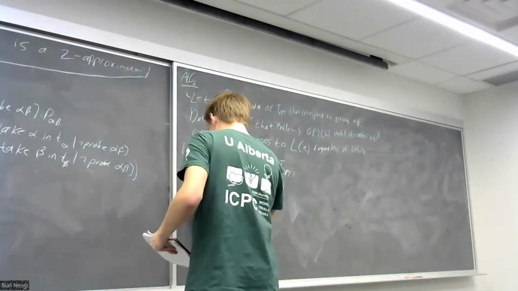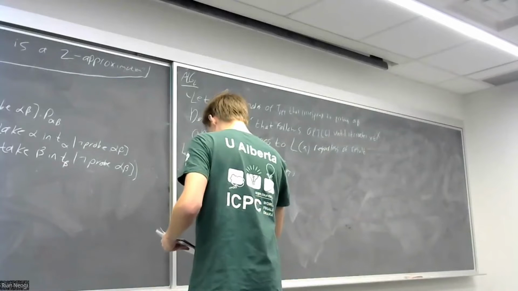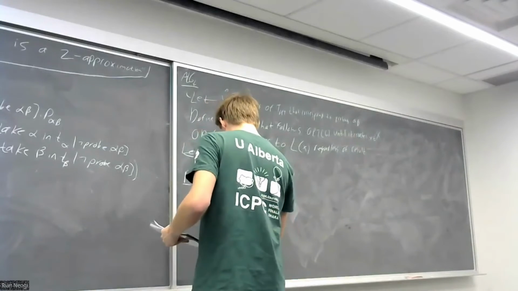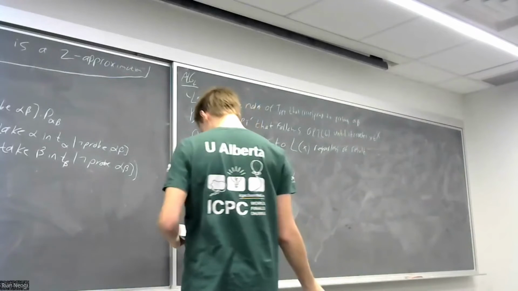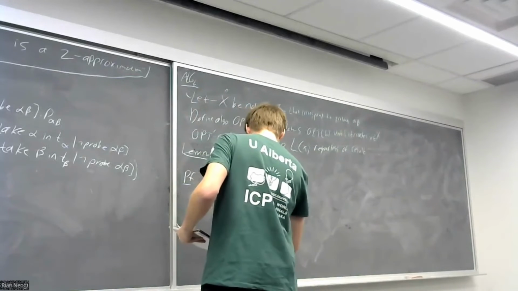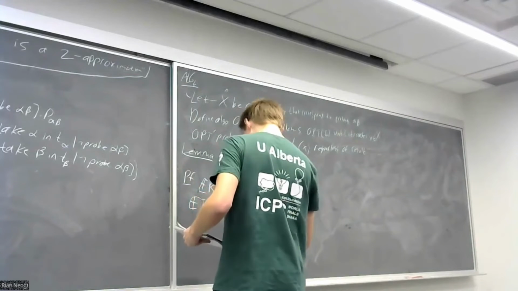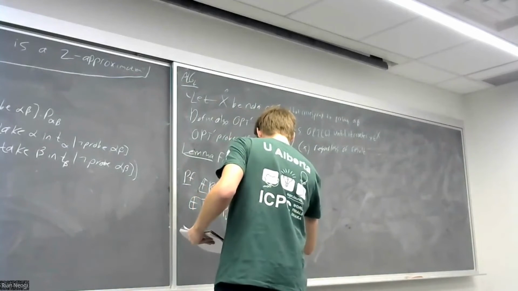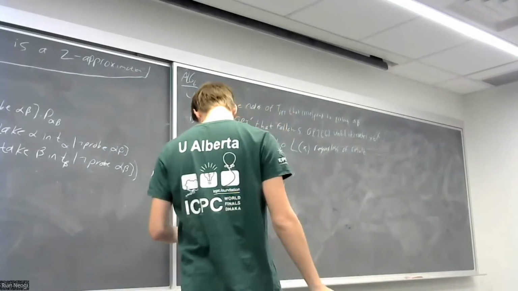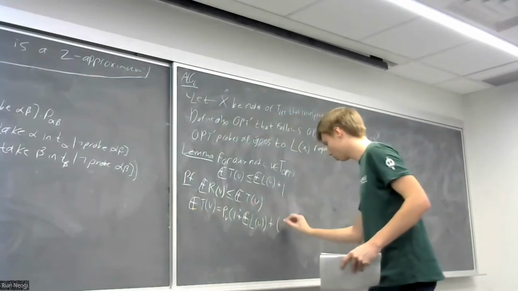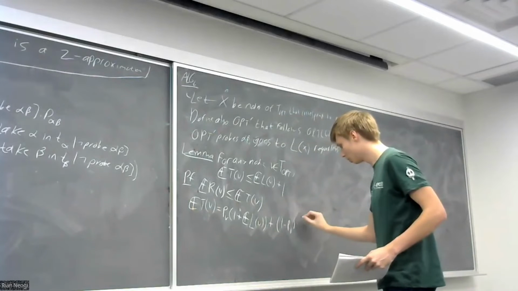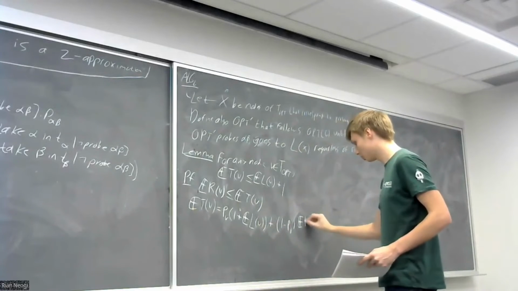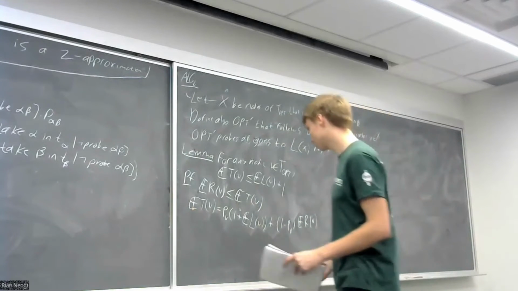Right. And then we can write down what this looks like. With probability PV, the probe succeeds, and we get a value of 1 from the probe, and we go to the left subtree. With probability 1 minus PV, it fails, and we go to the right.